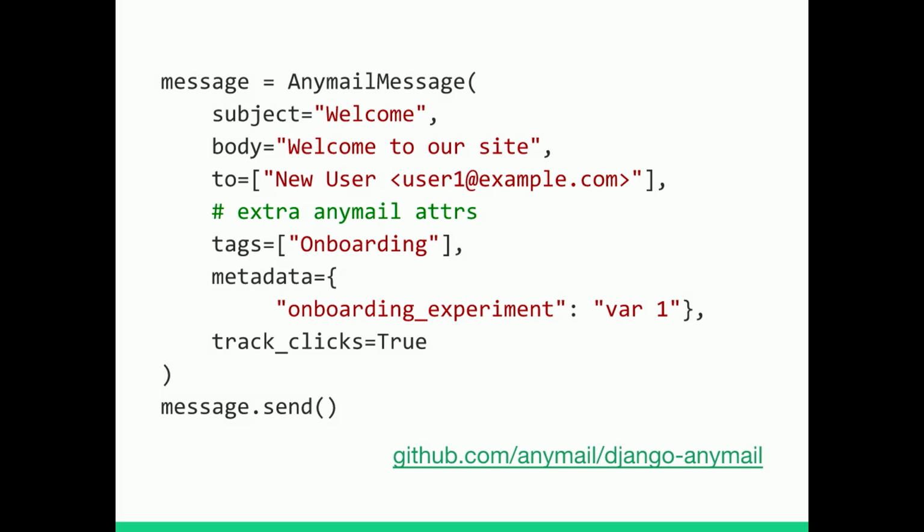Here's another example, Django Anymail. This is a good library that abstracts many email service providers into a single API. And it's a great Django app. I really recommend it. And you can, for example, set metadata, you can set tags, you can set the email to track clicks, and use this same API across multiple service providers.